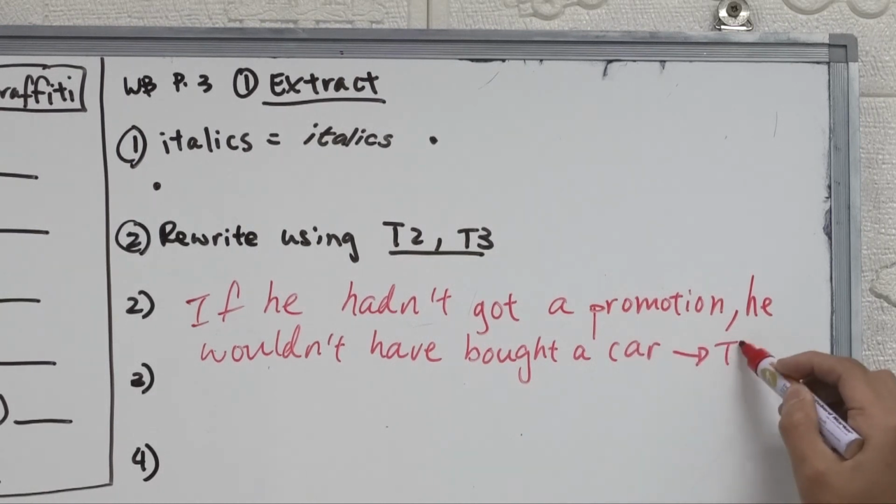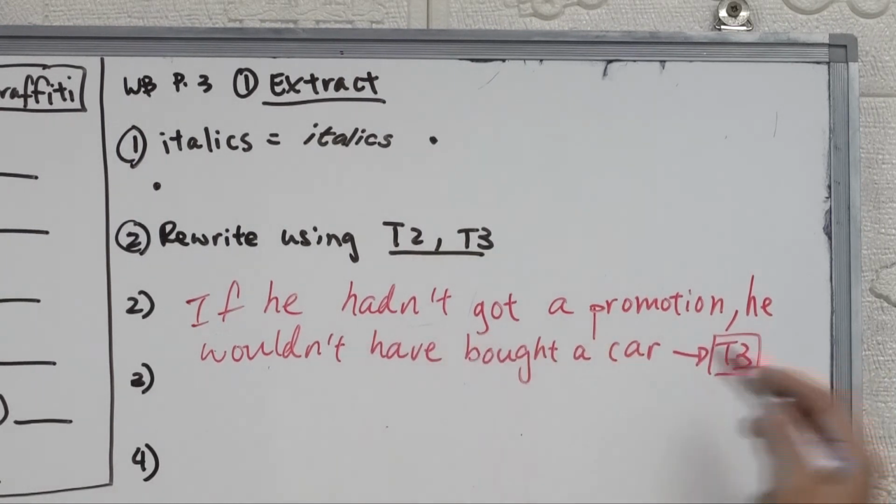And this is type 3. How do we know? From the situation. If he had not gotten a promotion, or you can say got. Got or gotten are both okay. So this is type 3 because we're talking about the past. He got a promotion before, and then he bought a car.